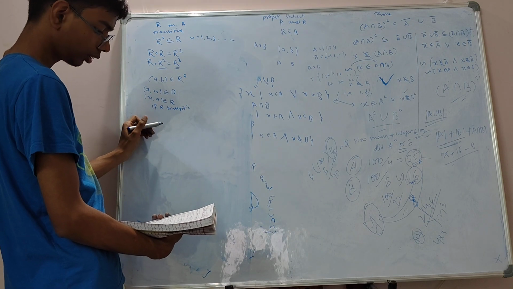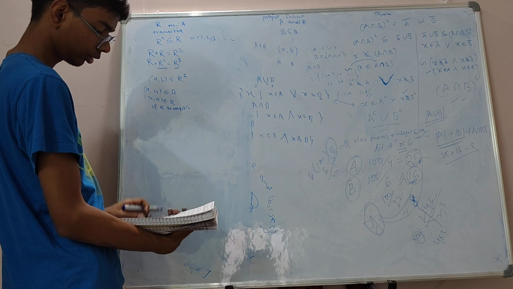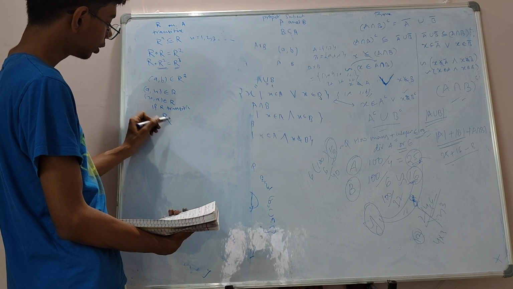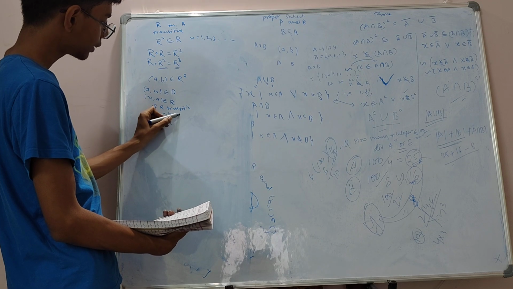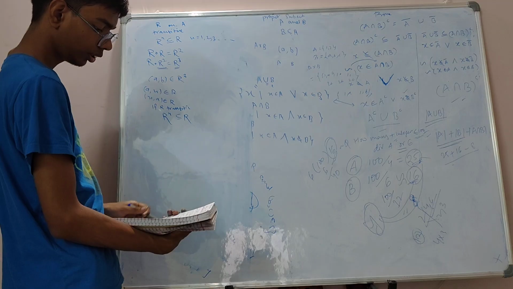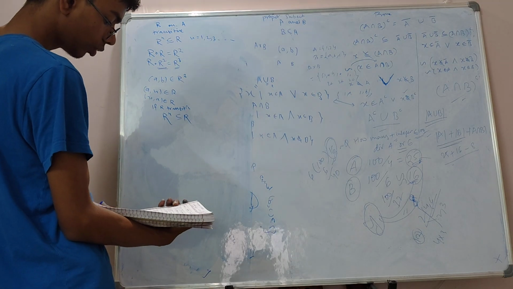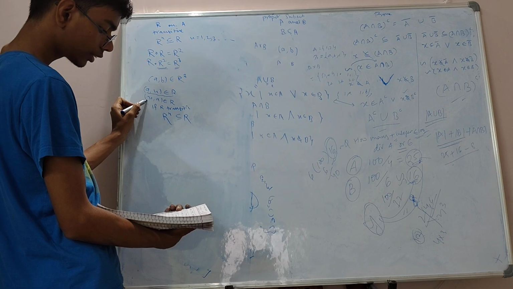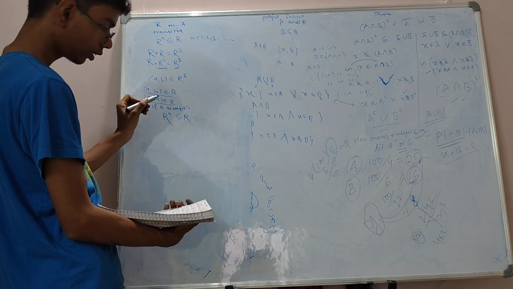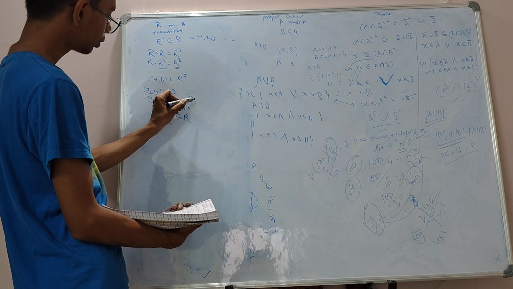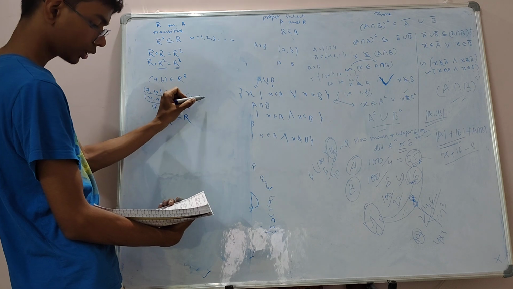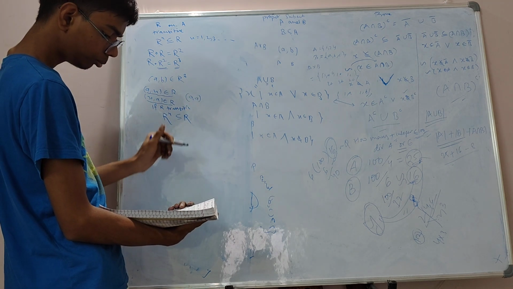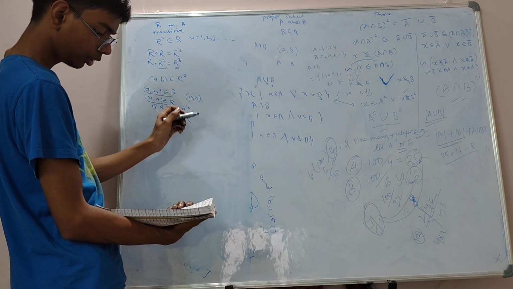So if R is transitive, then R composed with itself n times is subset of R, right? So what is happening? A comma x belongs to R, x comma a also belongs to R. That means a comma a belongs to R, right?